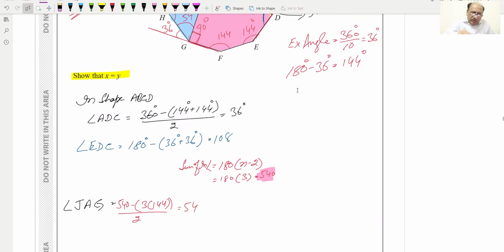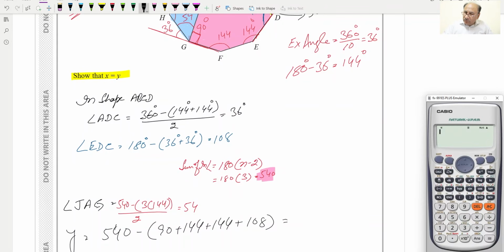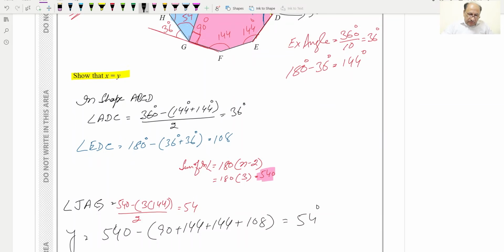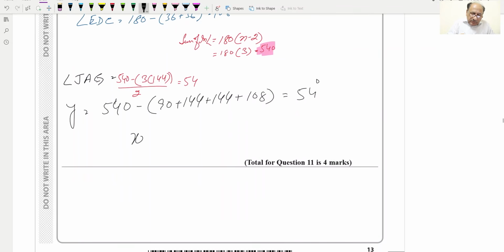So y is equal to 540 minus (90 plus 144 plus 144 plus 108 plus 108), and this results in 54 degrees. So now we can write x is equal to y, which is equal to 54 degrees.